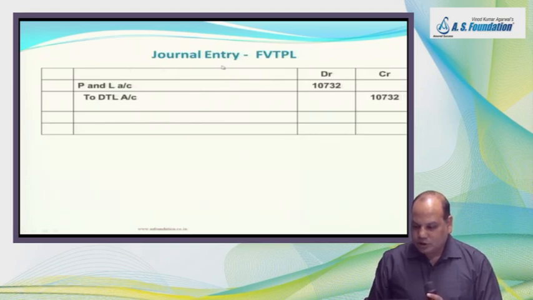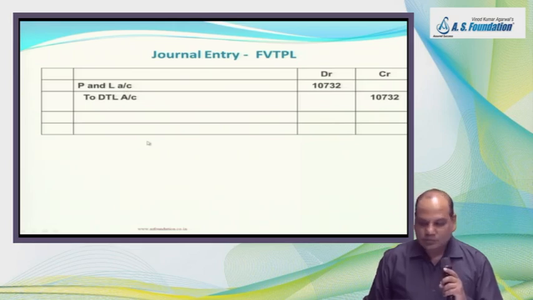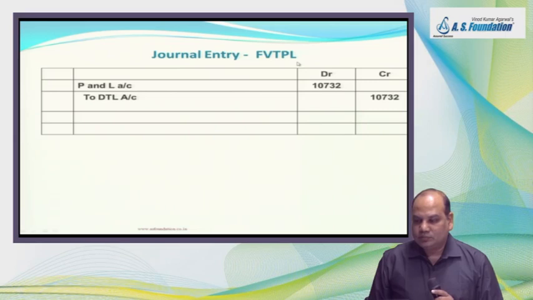And then write down the journal entry. If it is an FVTPL item, the deferred tax will be recognized in the P&L account. And if it is an FVTOCI item, the deferred tax will be recognized in other comprehensive income. Okay. So write down journal entry, case 1, FVTPL. P&L account debit 10,732 to deferred tax liability account 10,732. Okay.